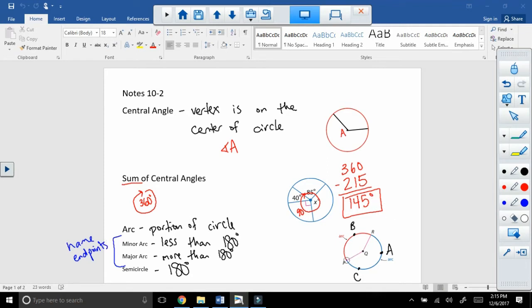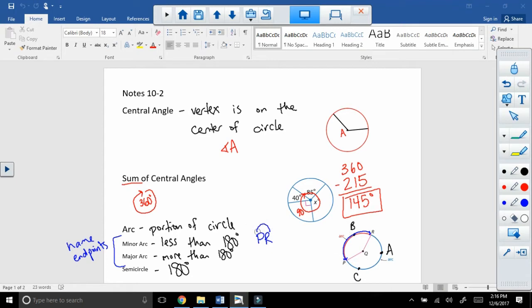So the rule is, for minor arcs, you just use those two endpoints. So I could call this minor arc PR. And just like with lines or segments, you draw a little arc on top. You do not need to include the B. You could say it's RP if you wanted to, but you use those two as the endpoints.